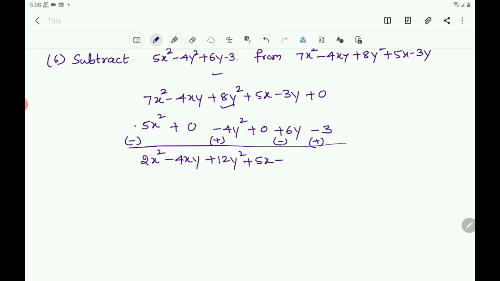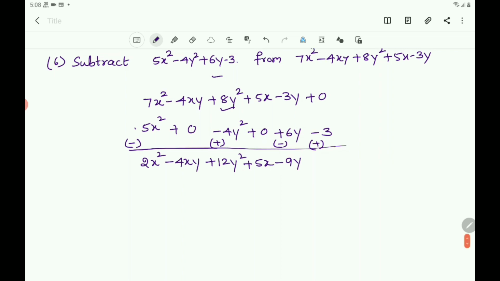The sum of 3 and 6 is 9, so you get minus 9y. And 0 plus 3 is plus 3. So you got 2x square minus 4xy plus 12y square plus 5x minus 9y plus 3.